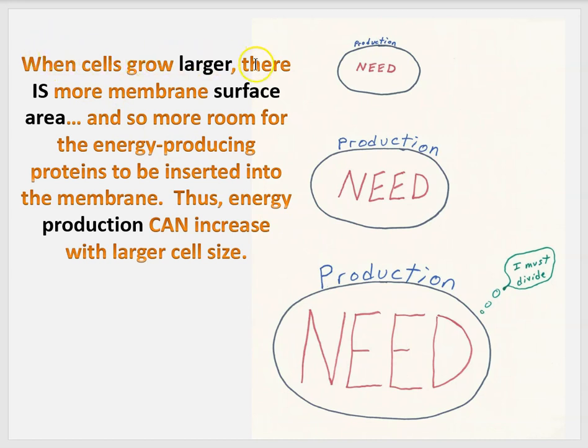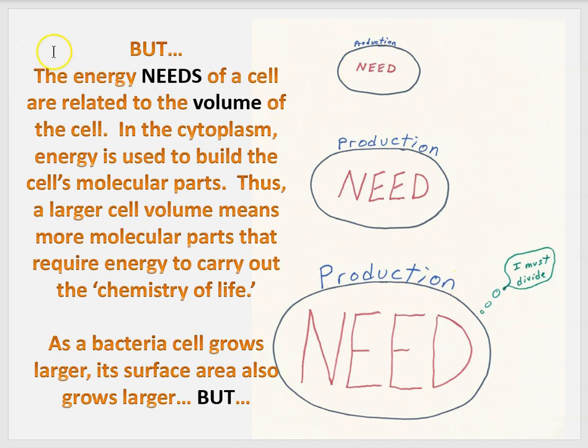So let's read it like this. When cells grow larger, there is more membrane surface area, and so more room for the energy-producing proteins to be inserted into the membrane. Thus, energy production can increase with larger cell size. That's shown here by the word production getting bigger as the cell grows. But the energy needs of a cell are related to the volume of the cell.